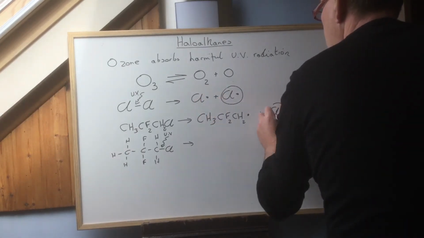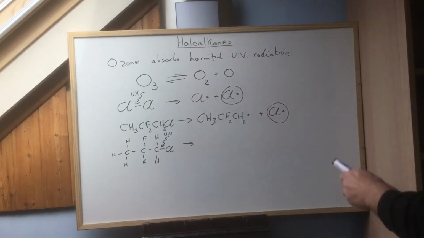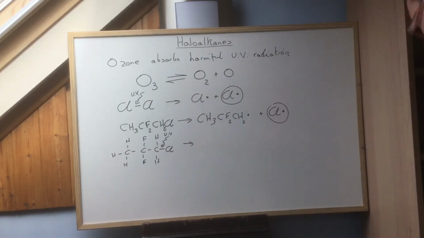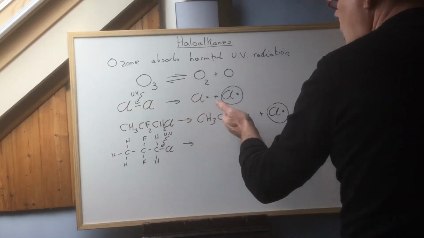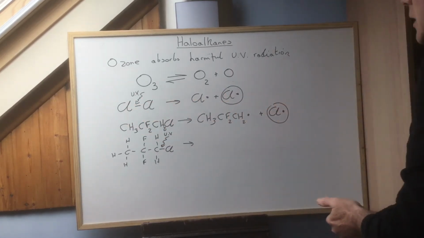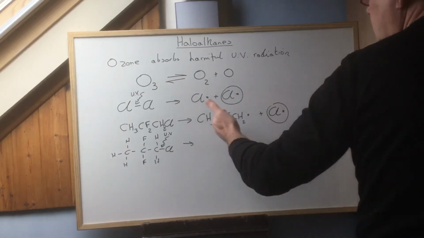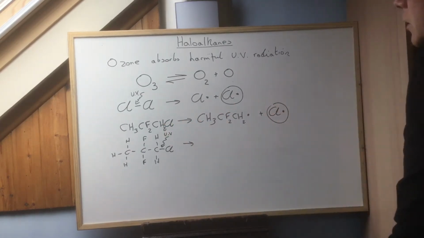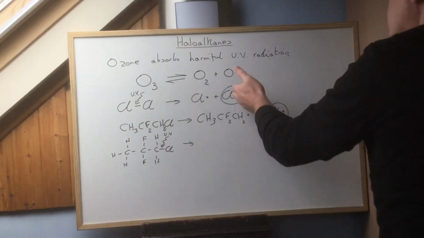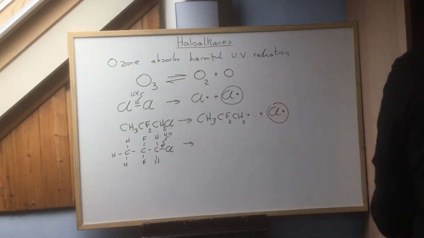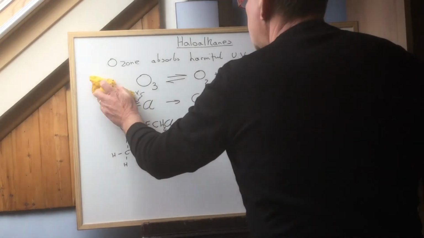The chlorine free radical. That's what causes the damage. So for any CFC, you should be able to show two free radicals being generated in an initiation step, one of which must be a chlorine free radical. The other free radical is basically what is left, but you need to show a chlorine free radical being produced.